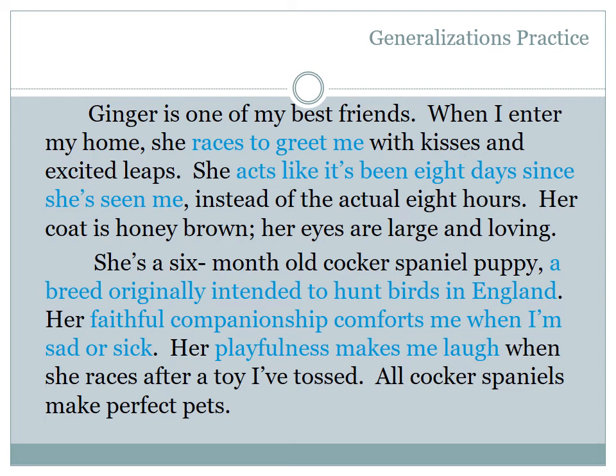Then "acts like it's been 8 days since she's seen me" is an example of past experience used to support the idea. Then "breed originally intended to hunt birds in England" is an example to support the idea. Last, "faithful companionship comforts me when I'm sad or sick" and "playfulness makes me laugh" are examples of logical thinking used to support the idea.